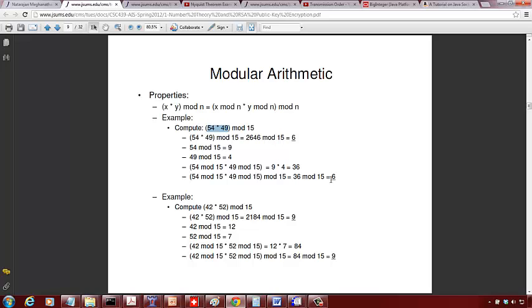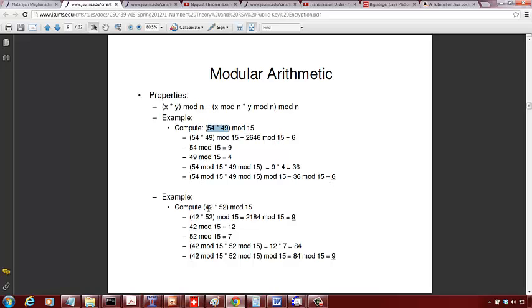When you divide something by 15, the remainder will be less than 15. That's what division is. You keep subtracting until you get something less than the divisor. Similarly, when you work with negative numbers, you keep adding until you get something which is positive and less than the divisor.